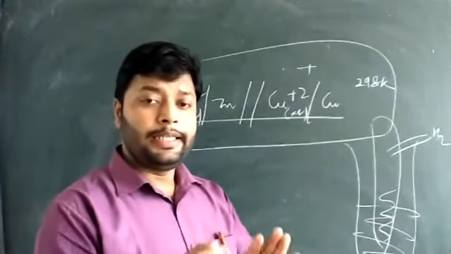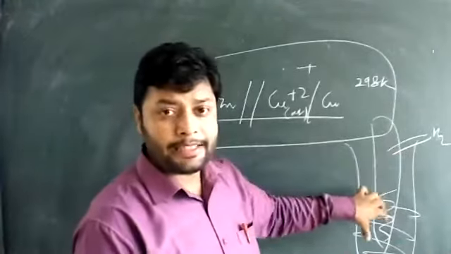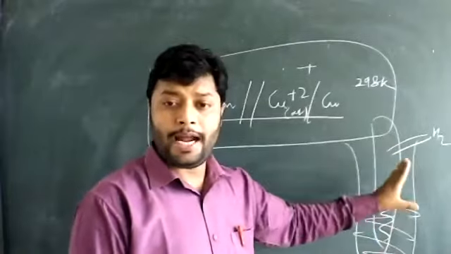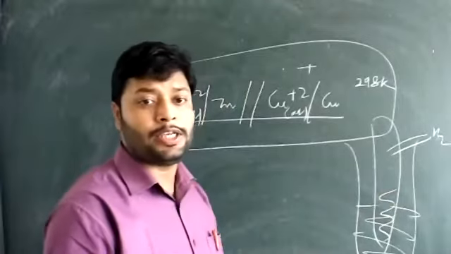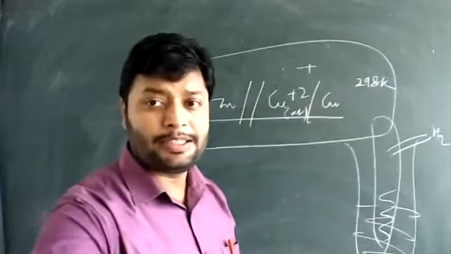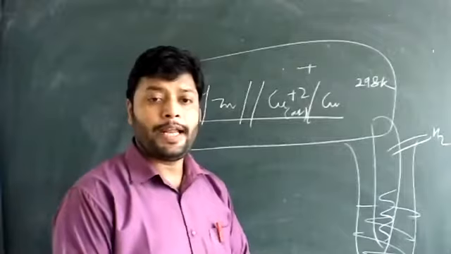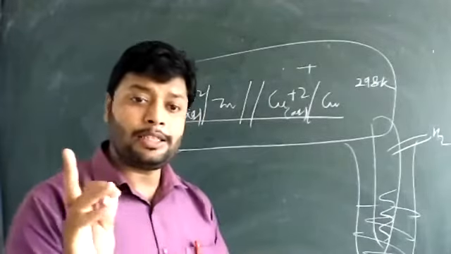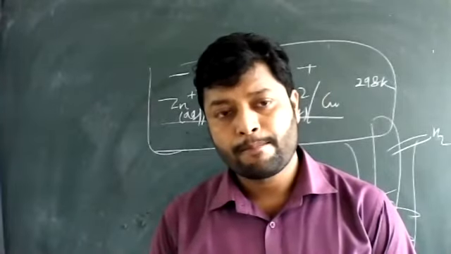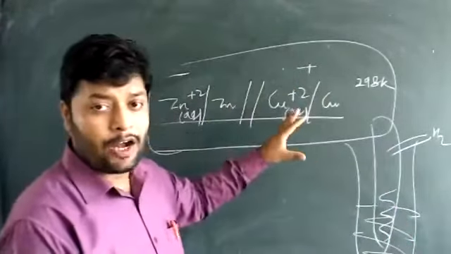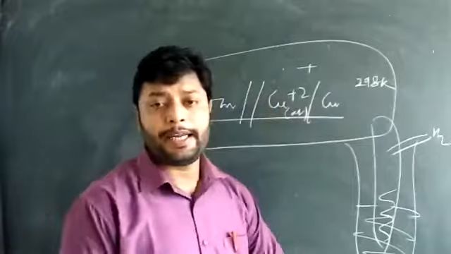Either hydrogen acts as cathode or hydrogen acts as anode, there will be a zero potential, which is taken as the standard hydrogen electrode, and with reference to this, we measure all standard potentials of different electrodes, either zinc, copper, or any other electrodes.